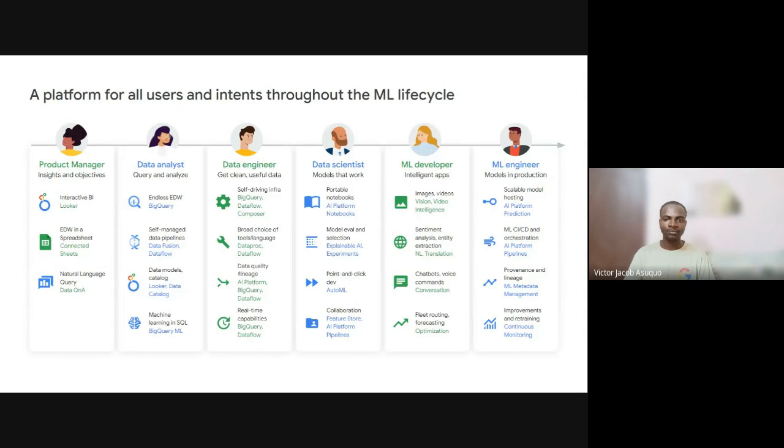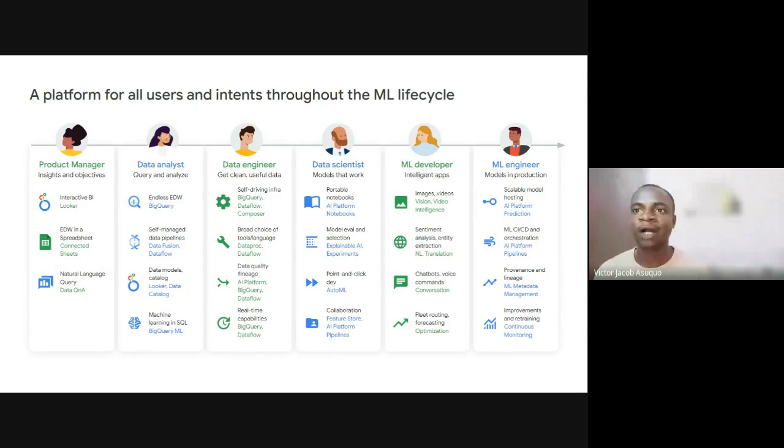We have data models and catalogs, like Data Catalog. These are tools data analysts use, and we also have machine learning in SQL. Yes, you can actually do machine learning in SQL, talking about BigQuery ML.